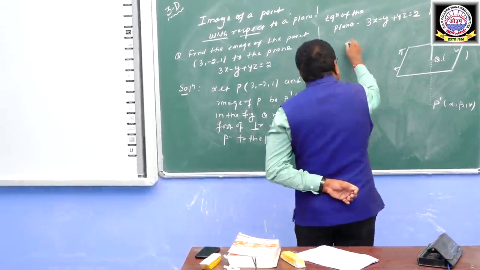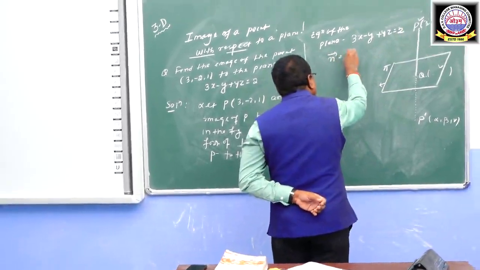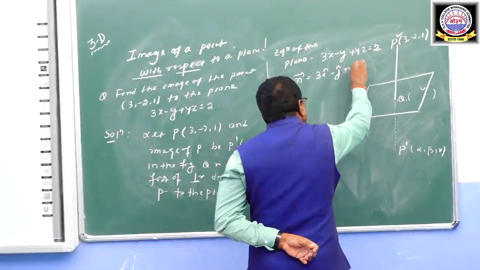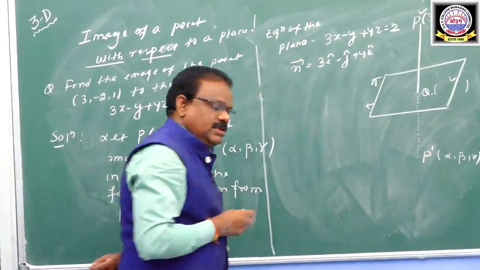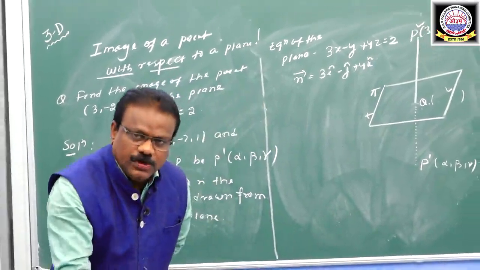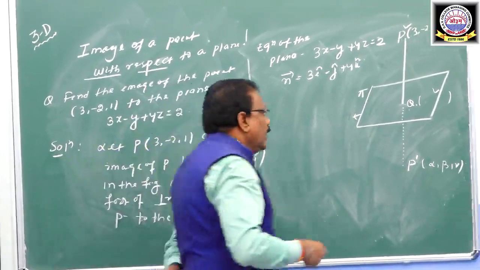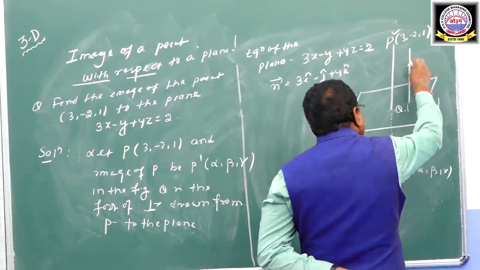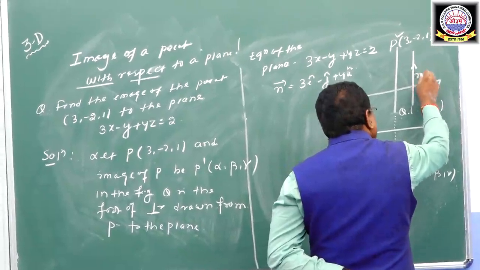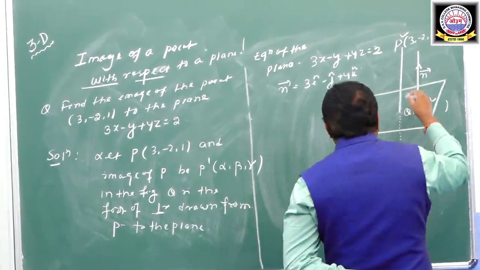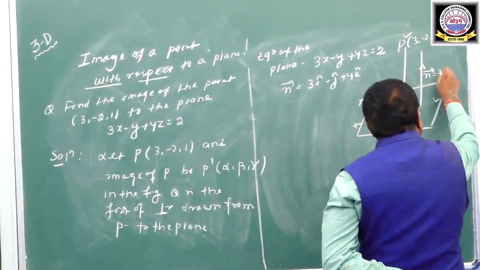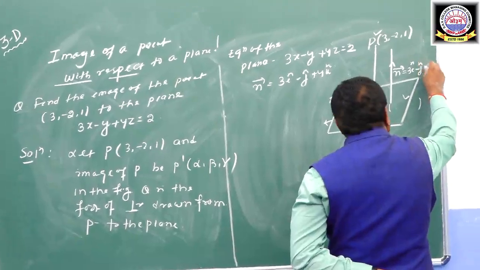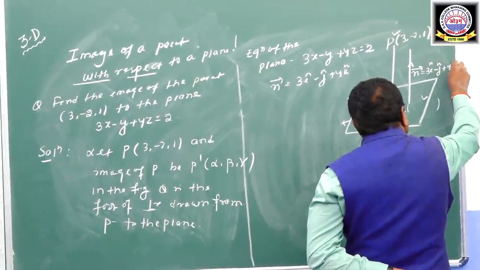So the normal vector n is equal to 3i - j + 4k. The n vector means the vector which is perpendicular to the plane. You can see here, this is the perpendicular vector n. What is n given? That is 3i - j + 4k.